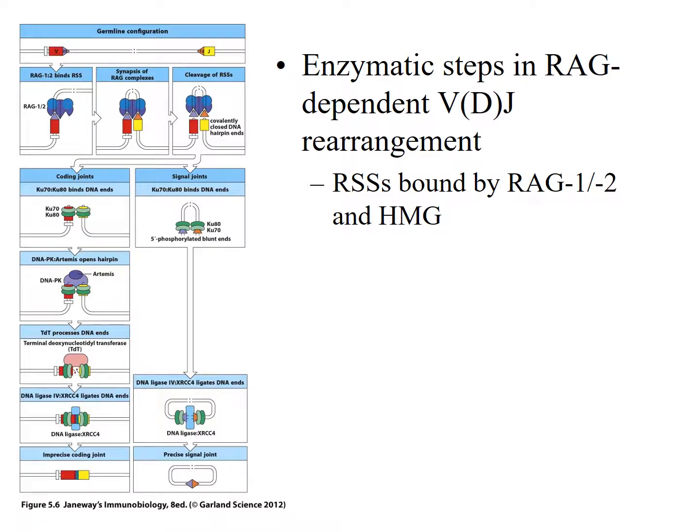How does this work? What is the actual mechanics going on here? Well, as I said, you have RAG-dependent VDJ rearrangement. If you were talking heavy chain, you're going to have a version for the light chain that we just talked about. RAG1, RAG2 are going to bind to our nonamer and our heptamer, our two signaling sequences.